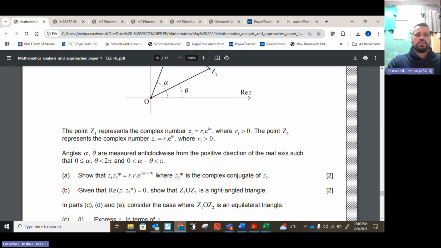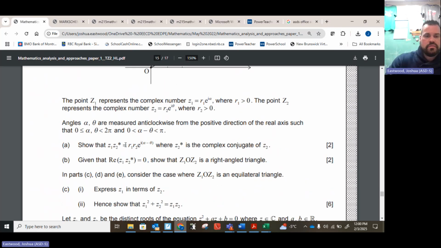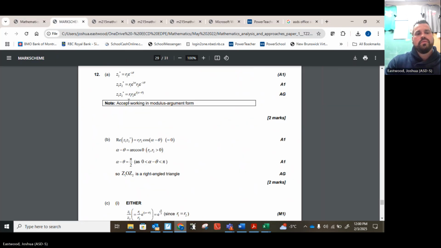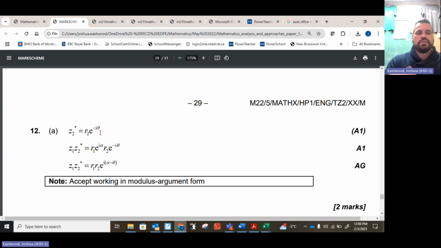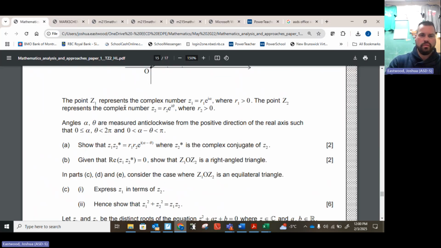So the first part says, show that Z1 times Z2 conjugate is this. And so you have to just take into account that the conjugate of the second one, in Euler's form, is minus the power. So it switches. If you look at it, it's R1 e^(i alpha) and R2 e^(i theta).